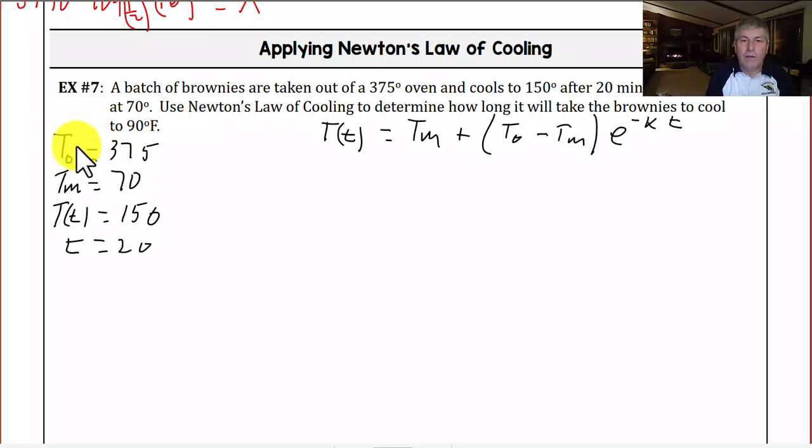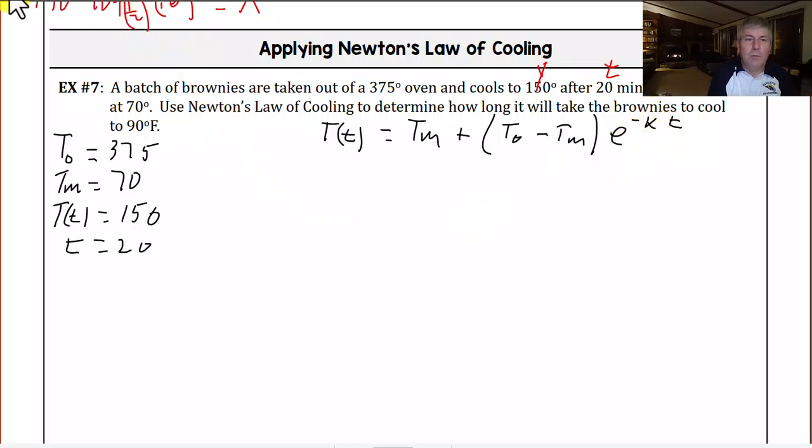We've got an original temperature of 375 degrees, and it cools to 150 degrees after 20 minutes. So we've got a t of 20, and this 150 is our y value, or T sub t. Our ambient temperature of the room, T sub m, is 70. And what we need to find is k.